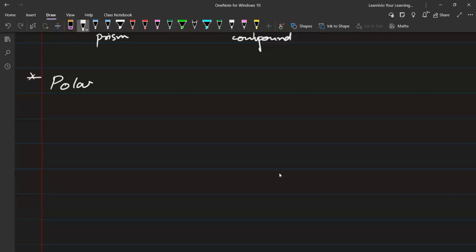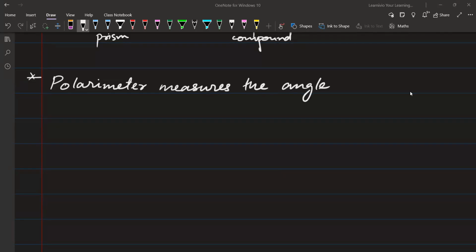Polarimeter measures the angle by which plane polarized light rotates.